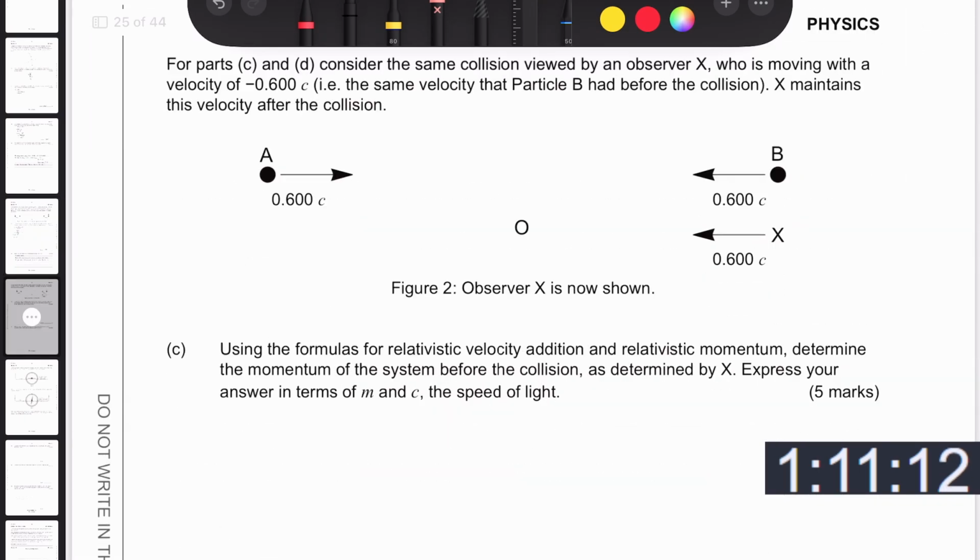Okay, consider the same collision viewed by an observer x moving with velocity, maintaining this velocity after the collision. Using the formulas of relativistic momentum, determine the momentum of the system before the collision as determined by x. Express your answer in terms of m and c, the speed of light.